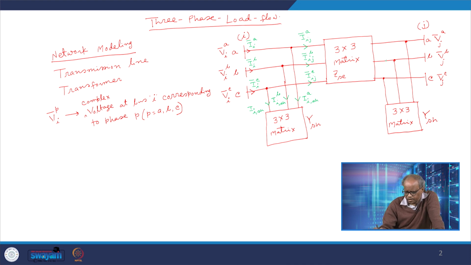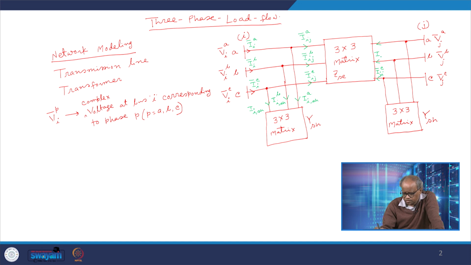Similarly, I have currents here, this current, this current, and this current. This current is IJIC, basically this current is from bus J to bus I corresponding to phase C.